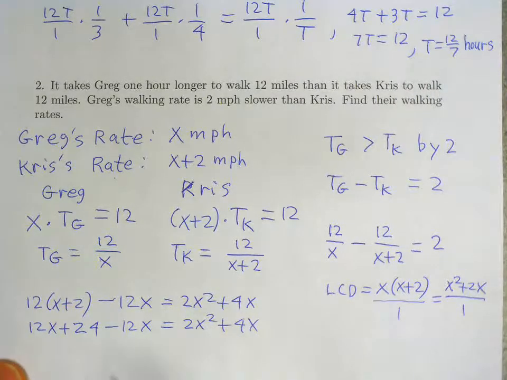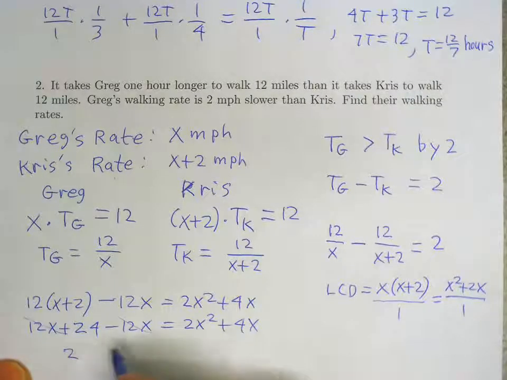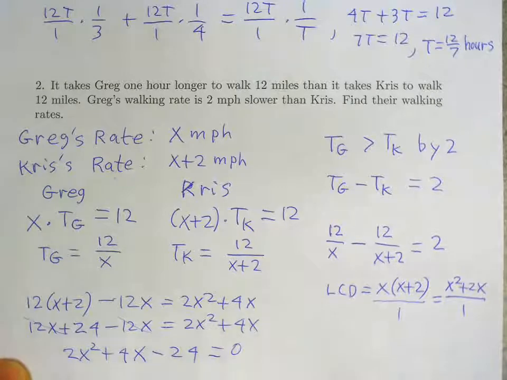Notice on the left-hand side, the 12x minus 12x, those cancel. And then we'll just subtract 24 from both sides, so we get 2x squared plus 4x minus 24 equals 0.